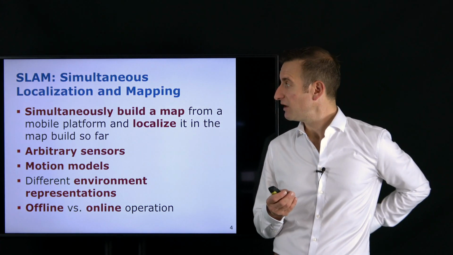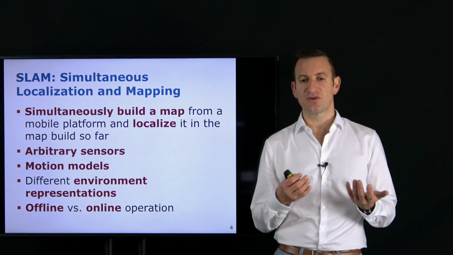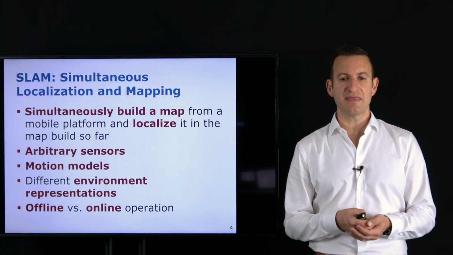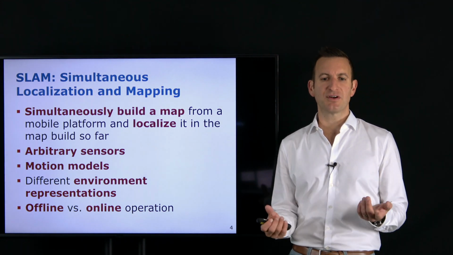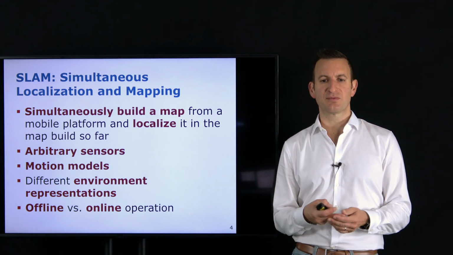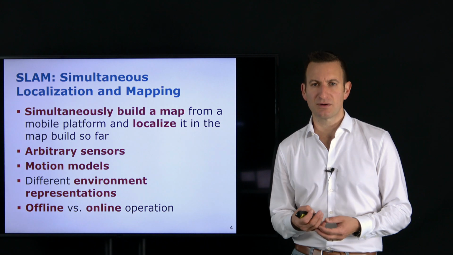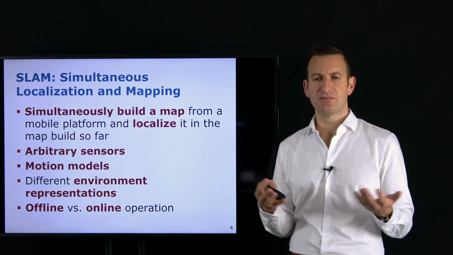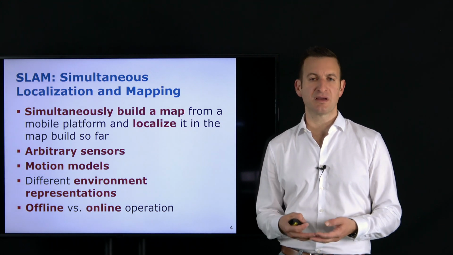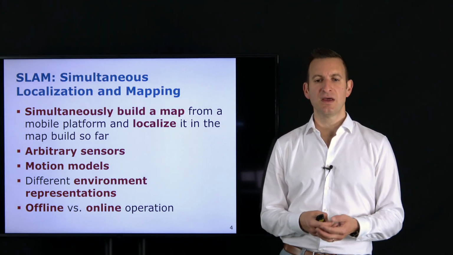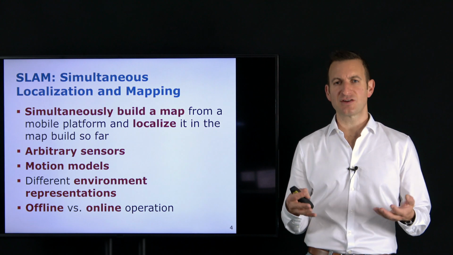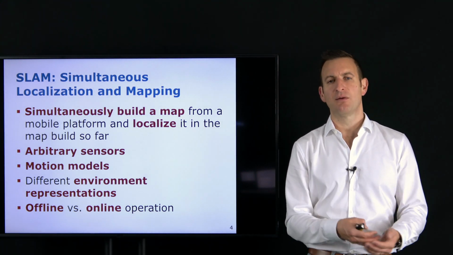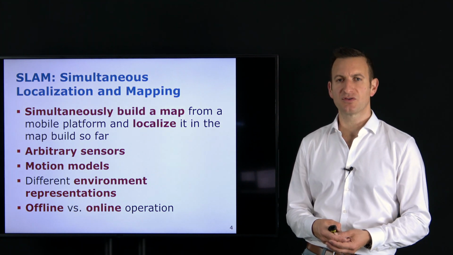So again, state estimation, or SLAM, stands for simultaneously build a map of the environment and localize yourself in that map using arbitrary set of sensors, being able to exploit the motion models of our platform. There can be different environment representations there as an output: landmark-based representation, volumetric, maybe even topological representations. And so there's a large variety of different mapping techniques that are one component of a SLAM system.